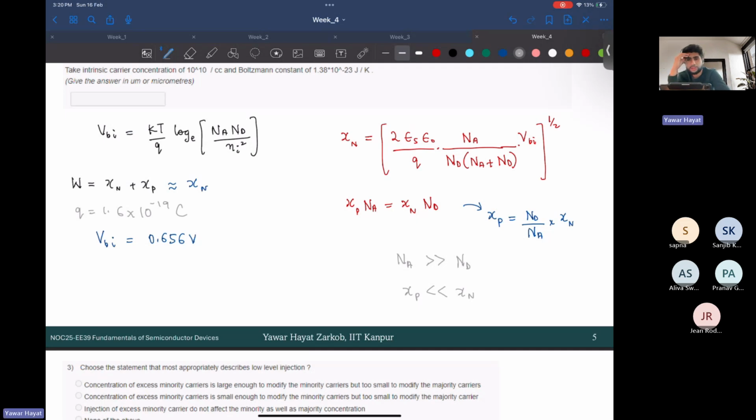This is the electronic charge q. In some texts, this q is also denoted by e.